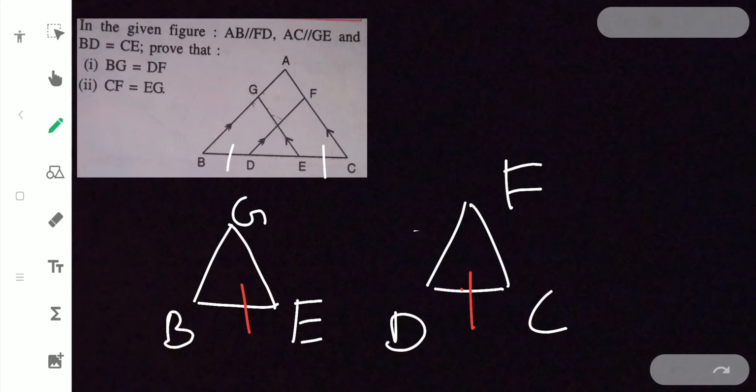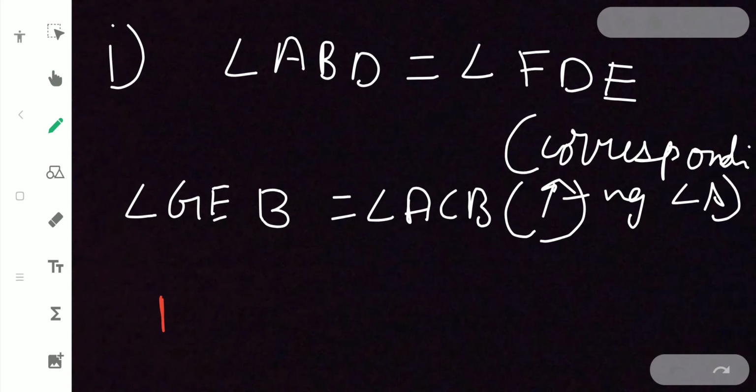I hope you have done it. Now let us see how. We have BD is equal to CE. I will write it on the next page. BD is equal to CE.